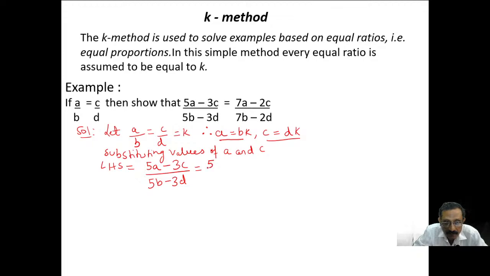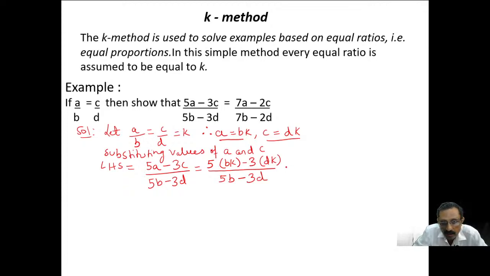5. What is the value of A given to me? BK. Minus 3. What is the value of C given to me? DK. Upon what I have here? 5B minus 3D.